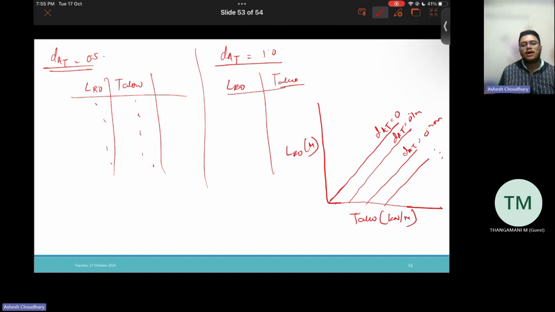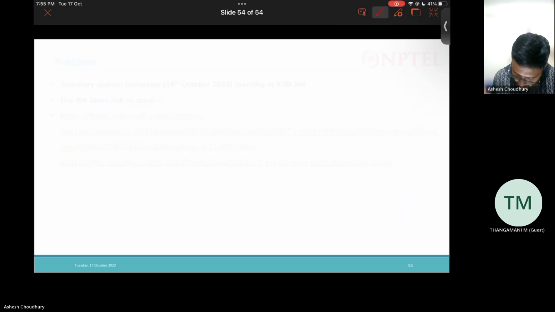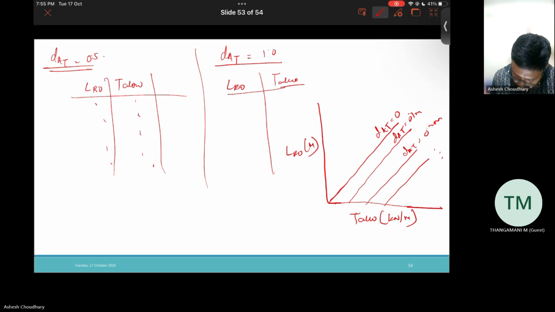So say now you know that you have to use this geomembrane, and this geomembrane has an allowable stress of this much. So you just go to the chart. My geomembrane has this much TL allowable. For that, if I choose a depth of 0.2, I have to use a runout length of this much.